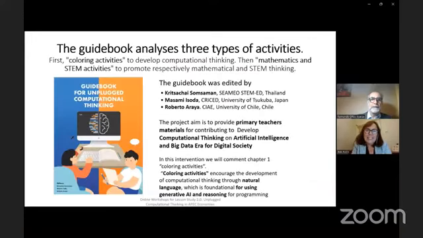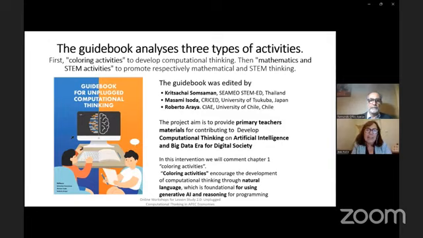The guidebook analyzes 3 types of activities. First, coloring activities to develop computational thinking, then mathematics and STEM activities to promote mathematical and STEM thinking respectively. This amazing white book was edited by Mr. Somsatham, Mr. Isoda, and Mr. Araya.